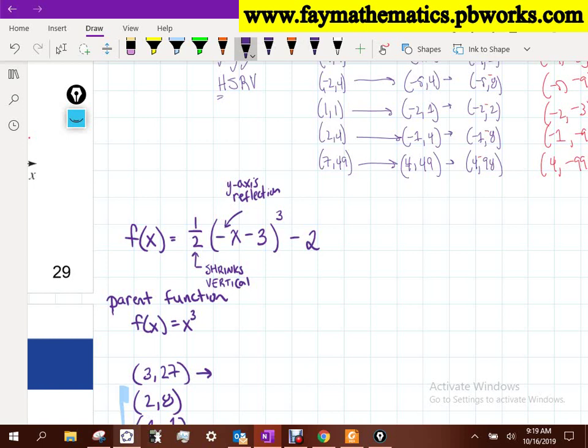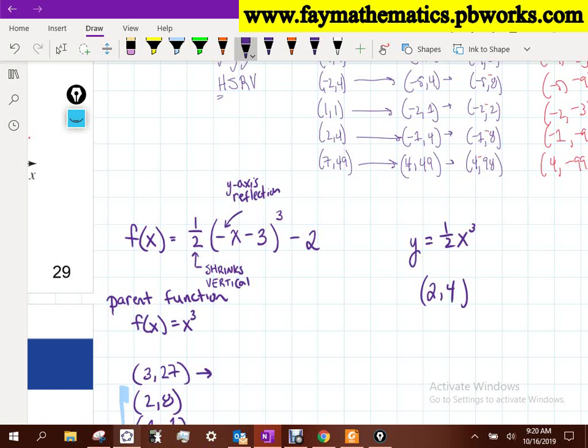If I just had y equals 1/2 x cubed, and I plug in, let's say, 2: in x cubed, 2 gives 8. Plug it in here, you get 2 cubed, which is 8. Order of operations then says multiply that 8 by 1/2, and it gives you 4.